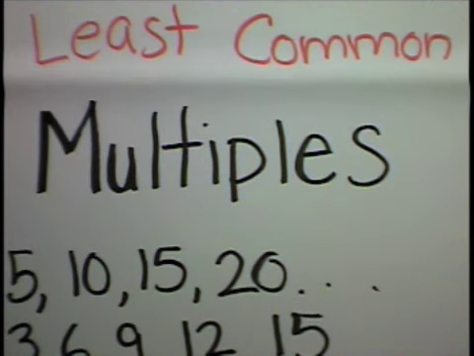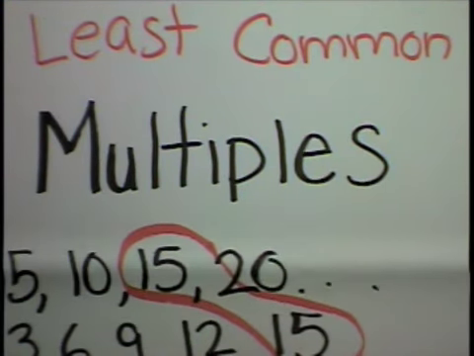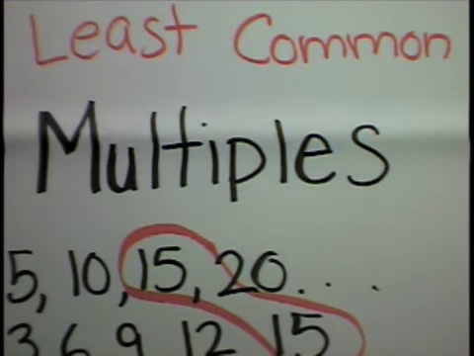So I would look through my list and say, which number do they have in common? That's the smallest. So here, I found 15. So 15 is the least common multiple. So even though skip counting can be very basic, it leads to so many things. It's a foundation for so many other skills.